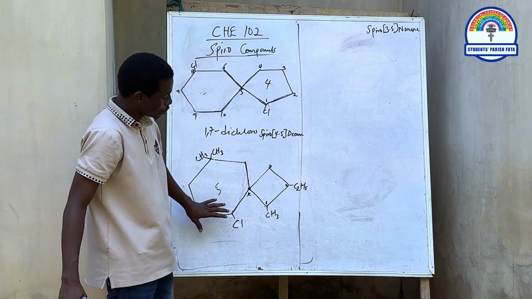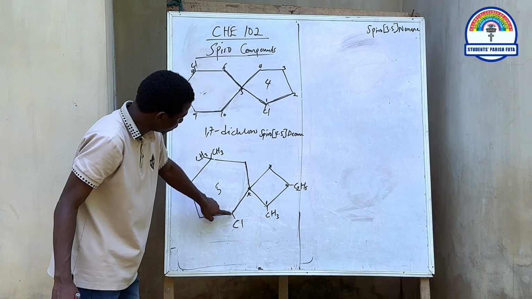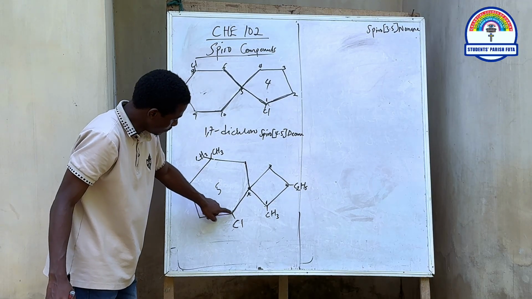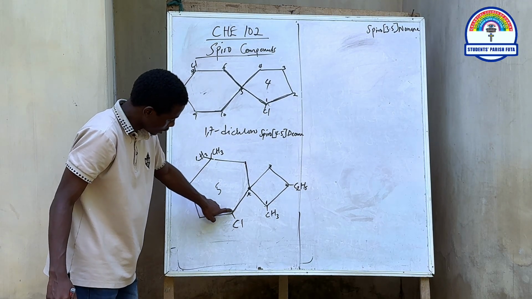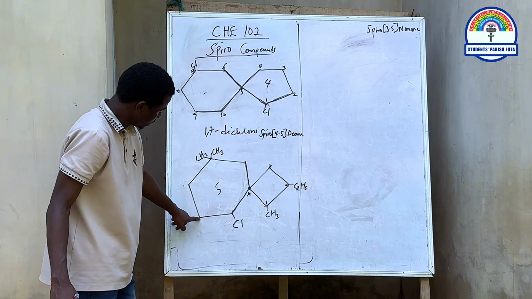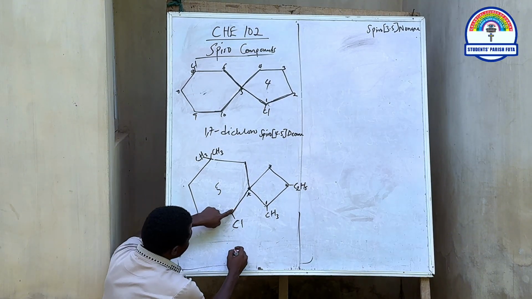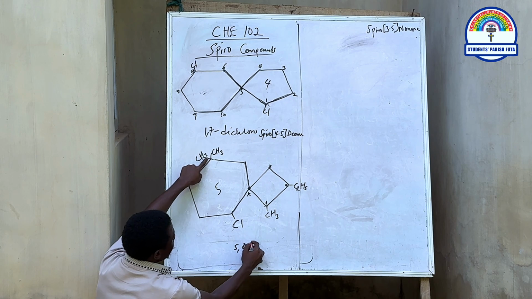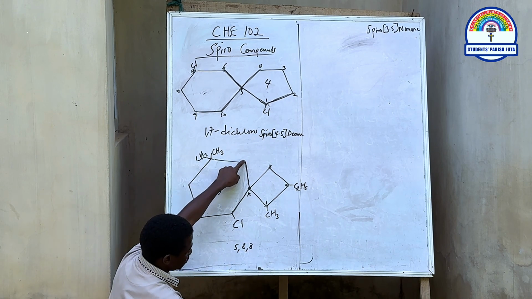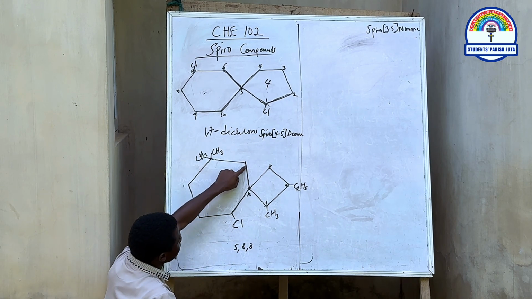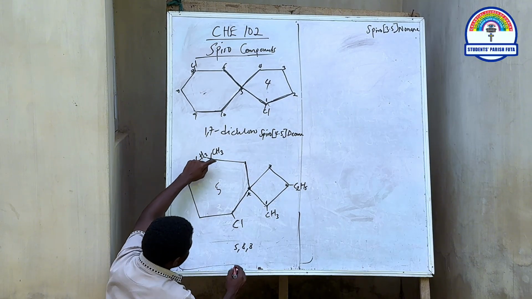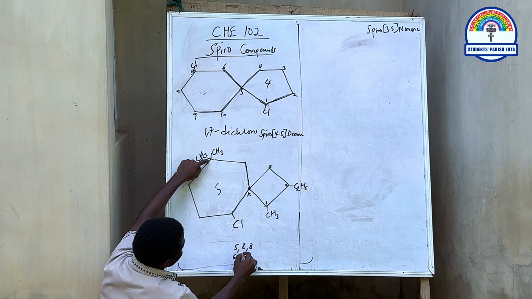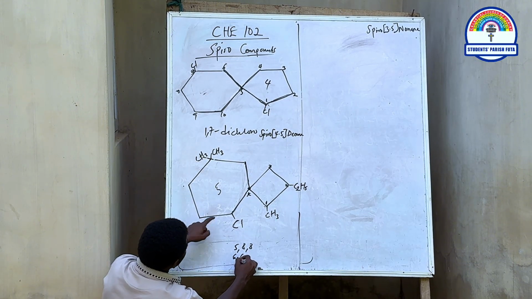Now let's decide for this one. If we had gone this way, it would have been 5, 6, 7, 8, with 8 on the other carbon, 9. But if you had gone this way, it would have been 5, 6, 6, 7, 8, 9.